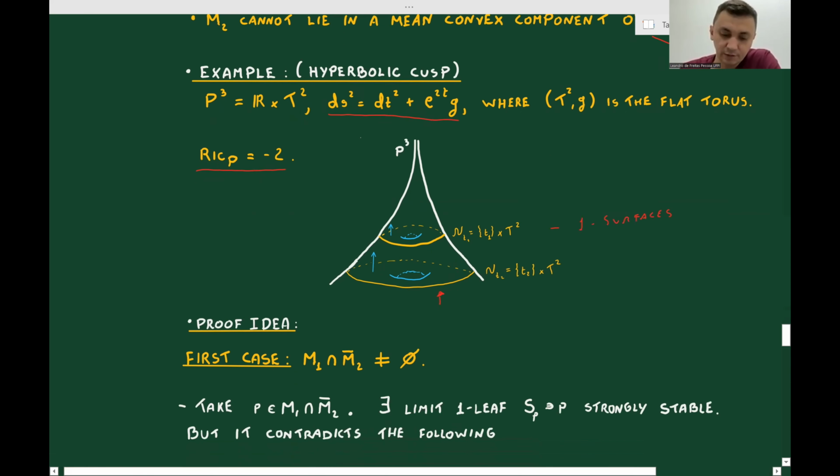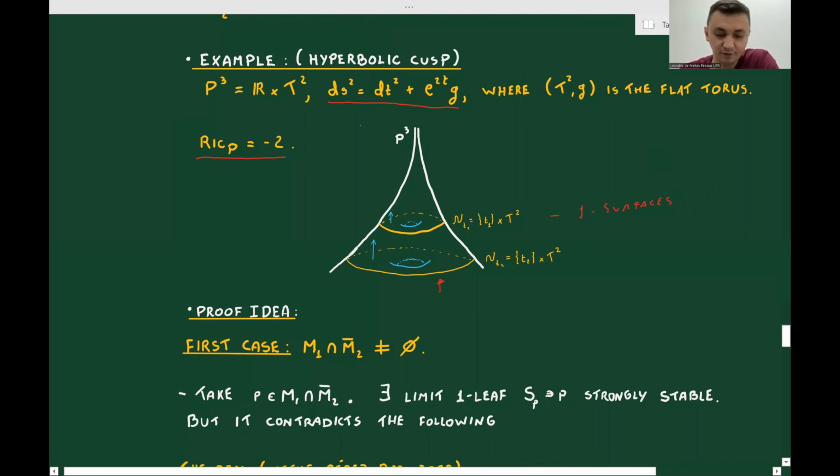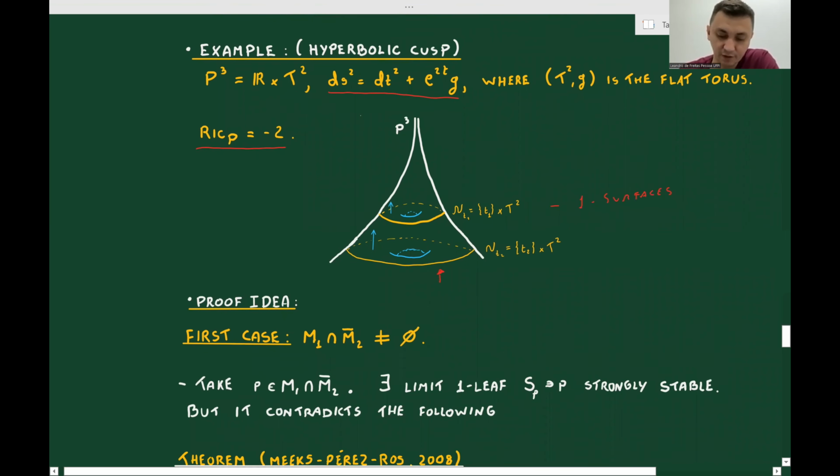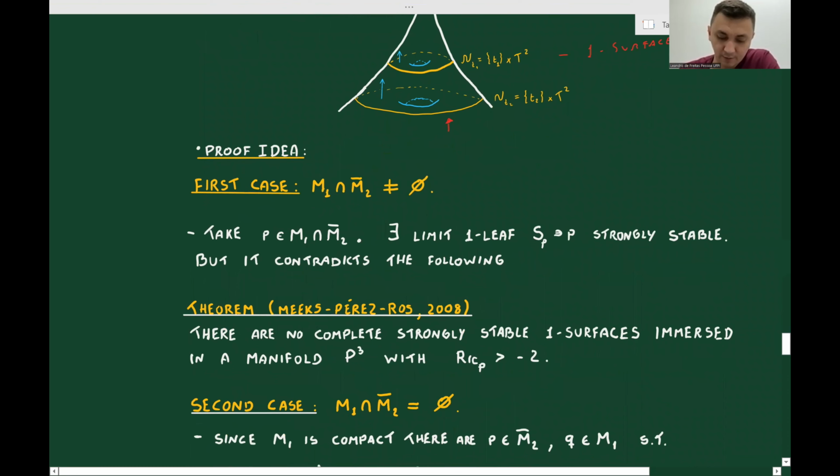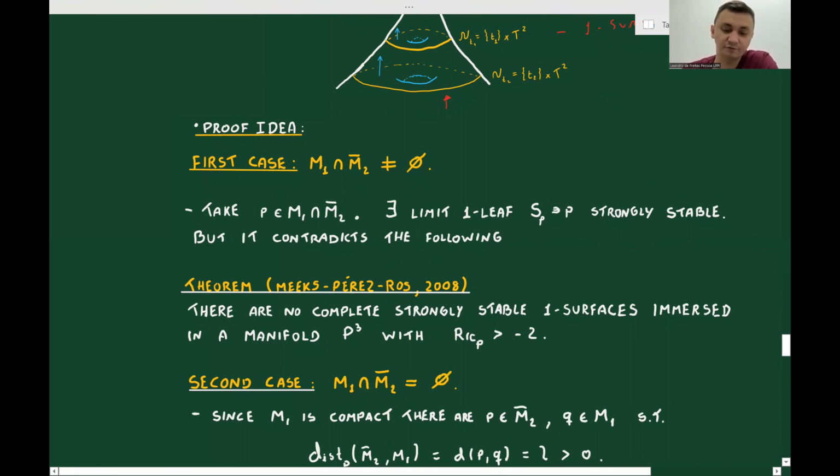Just a very fast idea for the proof of the result. Again, we consider two cases. The first case, M1 intersects the closure of M2. In this case, we just consider a point P in the intersection, and we can prove the existence of a minimal surface SP containing P, which is strongly stable.